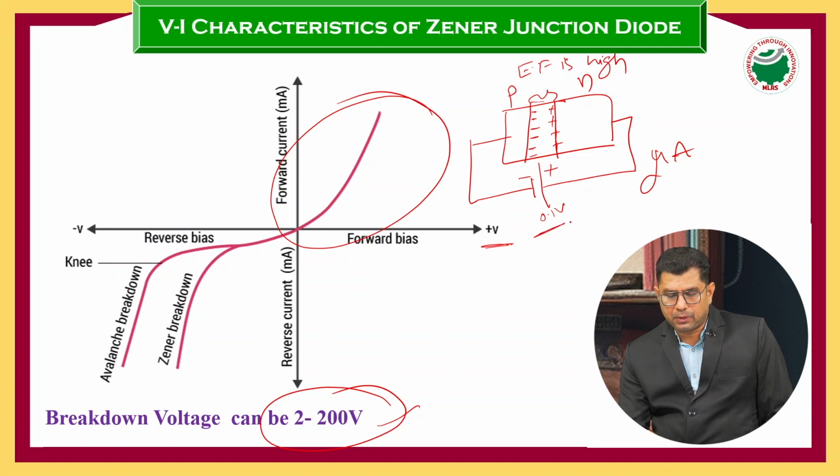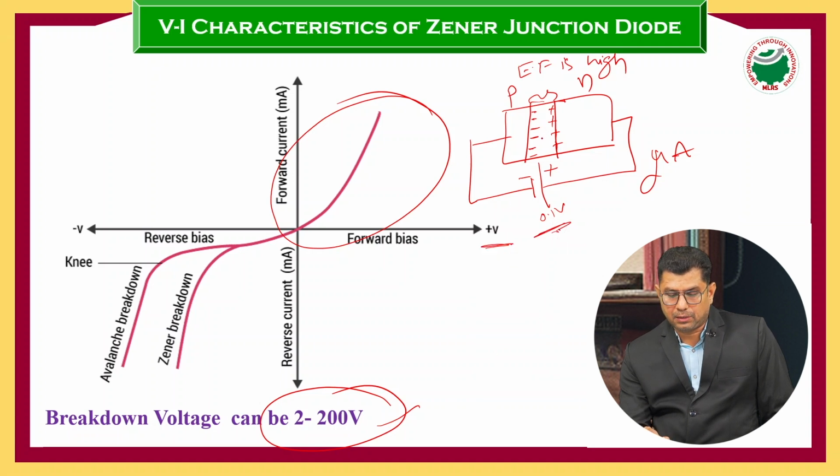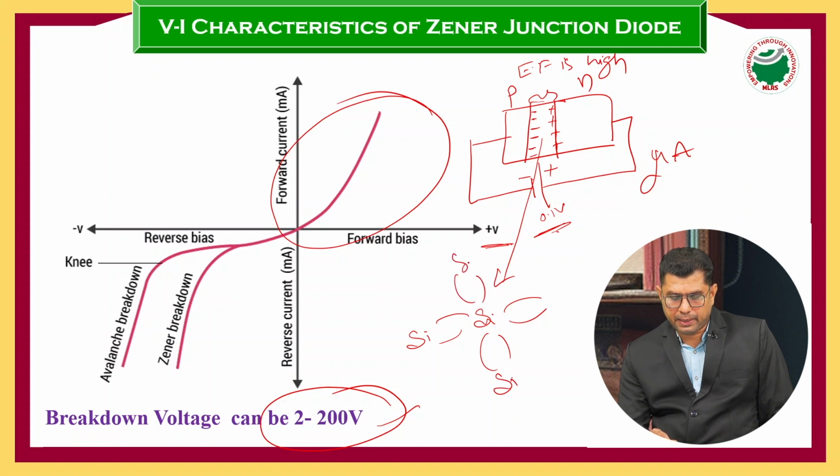As the applied voltage increases, this voltage becomes sufficient. Observe the depletion layer: silicon is covalently bonded with neighboring silicon atoms. This is the covalent bond.